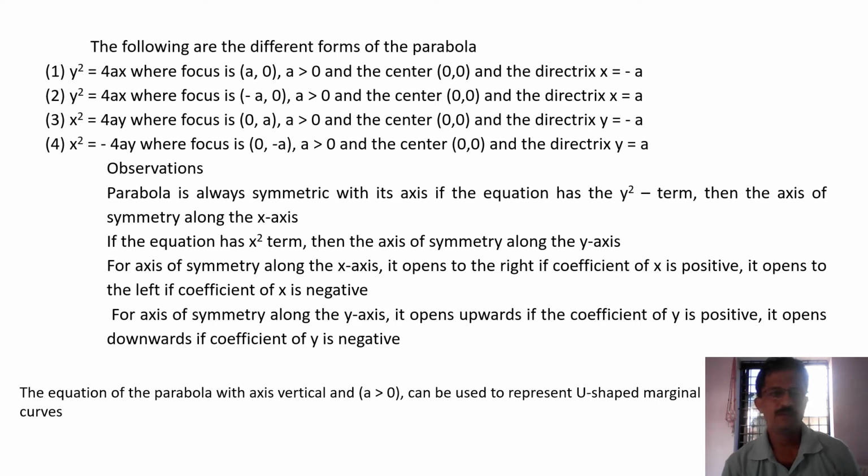So these are the observations. When the equation has a y square term, the axis of symmetry is along the x-axis. When the equation has an x square term, the axis is symmetric with respect to the y-axis.